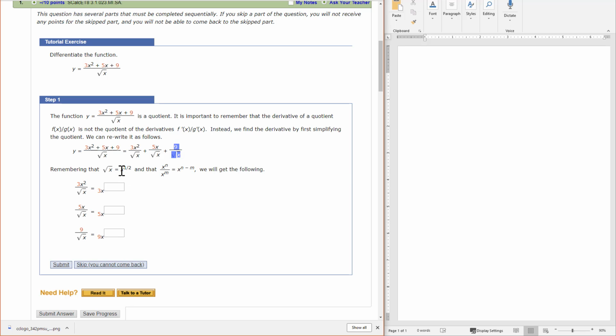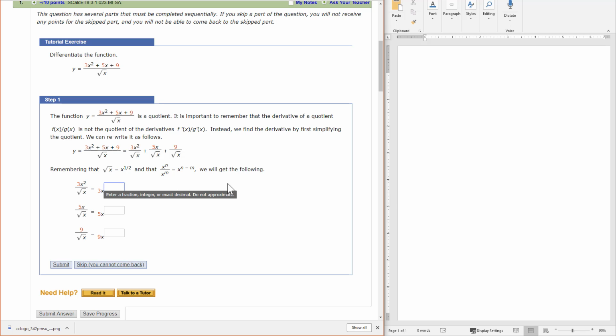And keeping in mind that square root of x is x to the 1/2, and our exponential properties, we're essentially subtracting the power in the numerator minus the power in the denominator, and we can combine our x's that way. So here we have x to the second power and here we have x to the 1/2 power.